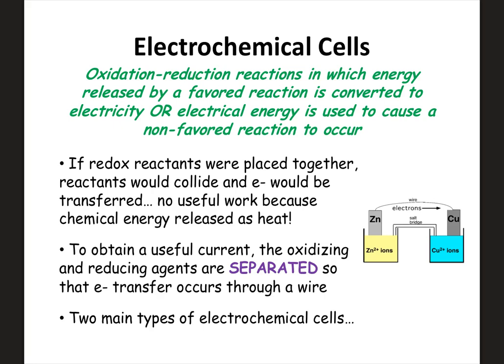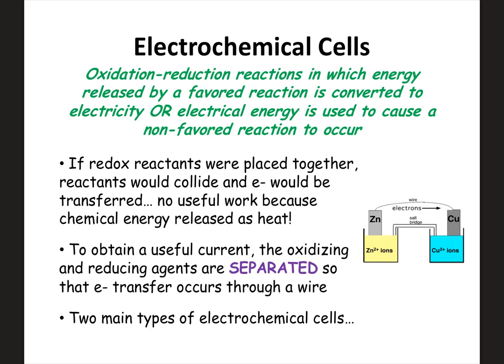If you were to place these reactants together for an oxidation reduction reaction, they would actually just collide essentially, and the electrons would be transferred, but there would be no useful work created because the chemical energy involved would just be released as heat.